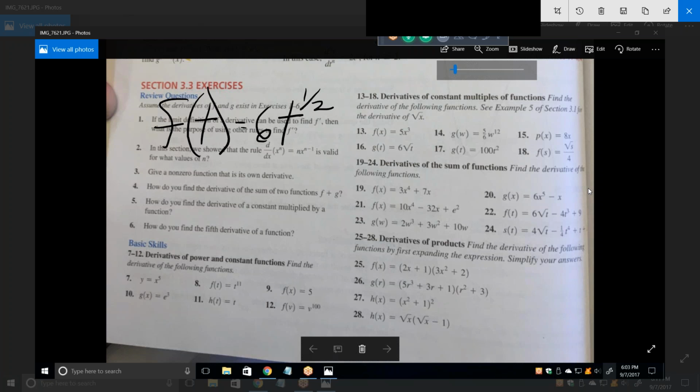If I'm multiplying two variables together, say I have x times sine x, and that's my function, I don't have a power rule for that. I know what the derivative of sine is, but you need more than that. Now you've got to use the product rule. If we have time, I'll go over that with you. It doesn't look like we're going to have time if we want to cover all these.